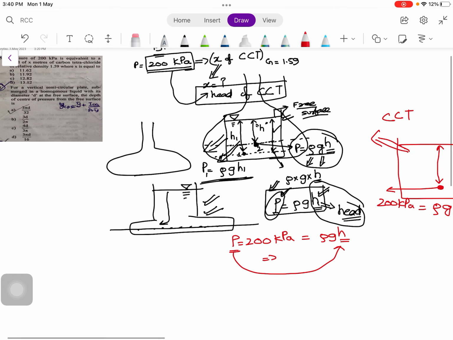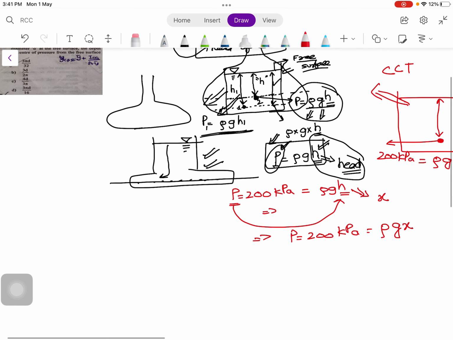In this context, this h has been denoted as X. That means the pressure of 200 kilopascals is equal to rho g x.